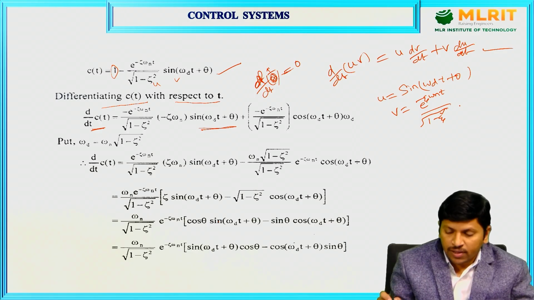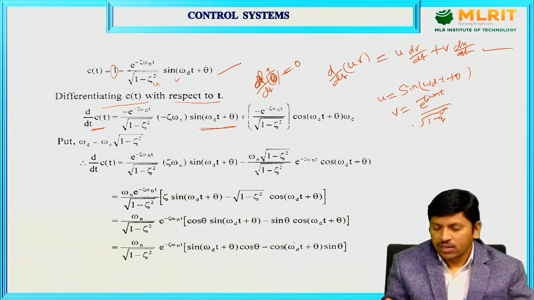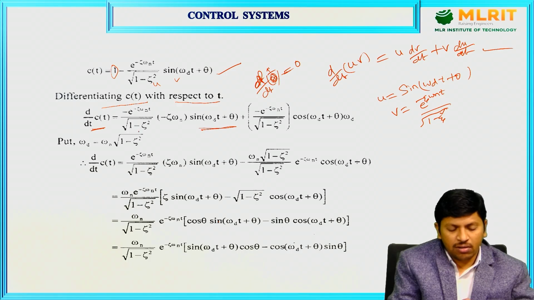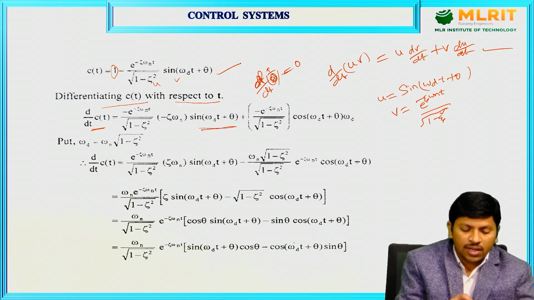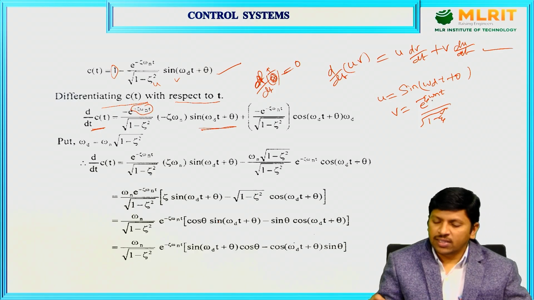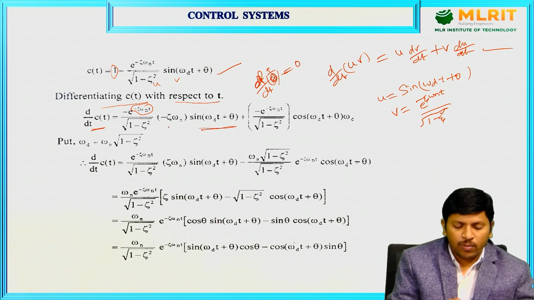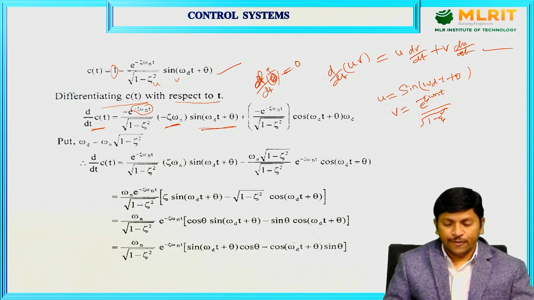The derivative of e power of x is e power of x only. After that, in the x place minus zeta omega nt, again differentiating this term, t gets cancelled, so minus zeta omega n.